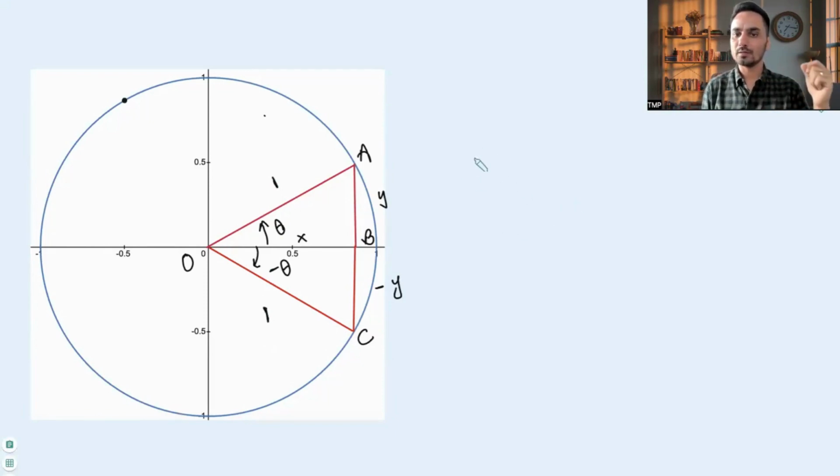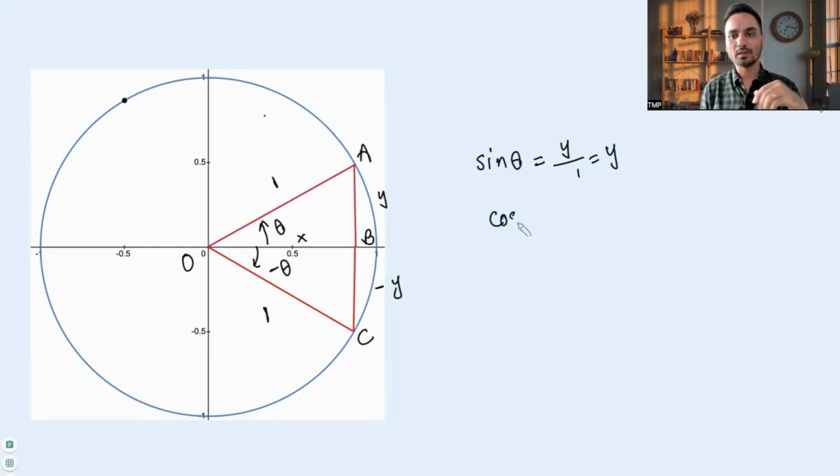Now, if we find sine theta in triangle AOB, we will get sine theta equals opposite side, which is Y, over hypotenuse, which is 1. So that means sine theta is equal to Y. Similarly, cos theta will be equal to adjacent side over hypotenuse. So it is X over 1, or X.